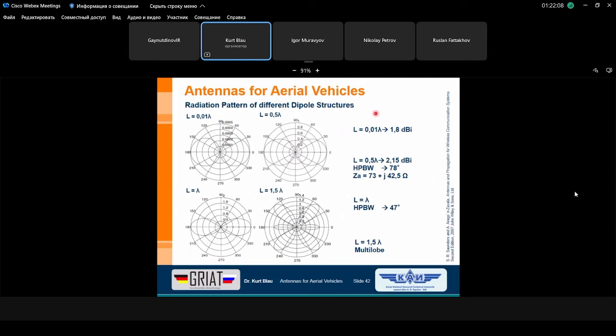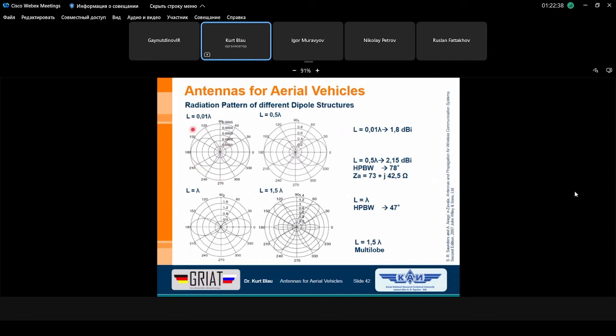Regarding the current distribution along the dipole, we can look at the radiation diagrams. This is the cut in the, let's say, ZY or ZX plane, if the dipole is directed here in the Z direction.